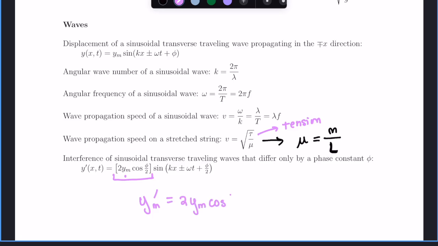So we could call the whole amplitude of that combined wave, which we use y prime to describe its vertical component, everything out in front of that sine. So it's 2 times the amplitude of the wave making up this new wave times the cosine of half of the phase difference between the 2 waves that are adding up to make this new wave.